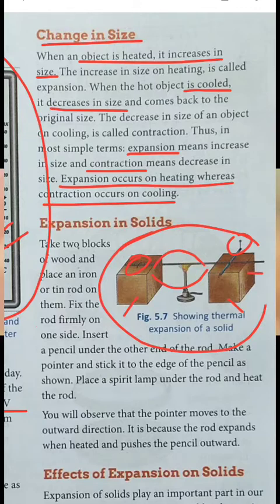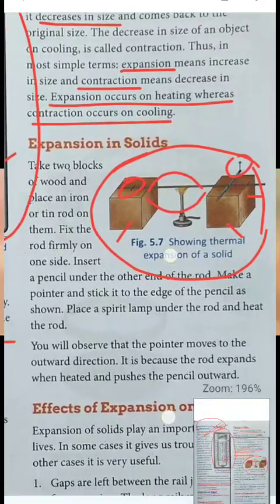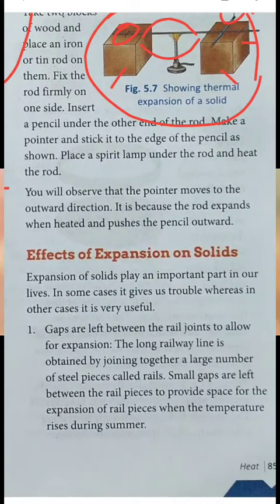That's why it will start bending. Now this was the expansion in solids, and with this technique the latest bridges over big rivers are being made. Now, what are the effects of expansion of solids?